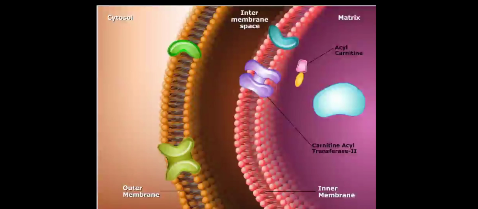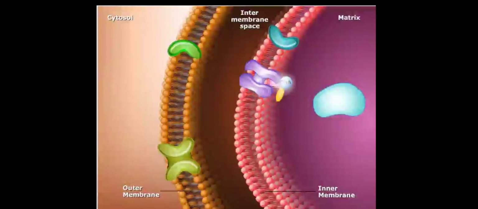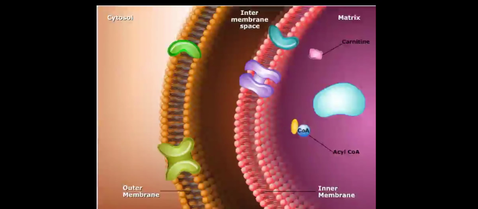Once acylcarnitine is inside the matrix, carnitine acyltransferase 2, located on the inner leaflet of the inner mitochondrial membrane, catalyzes a reaction that transfers the fatty acid from acylcarnitine onto coenzyme A. Thus, acyl-CoA is reformed and carnitine is liberated. The net effect of the carnitine shuttle is that the acyl-CoA that was on the outside of the matrix is now located within the matrix.